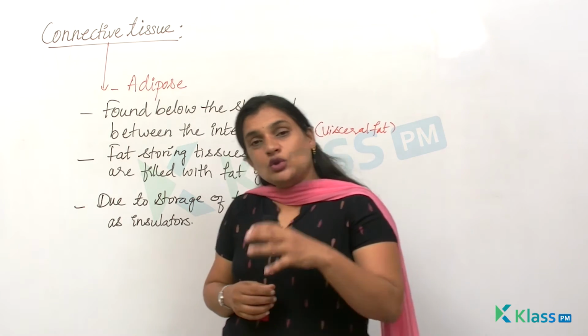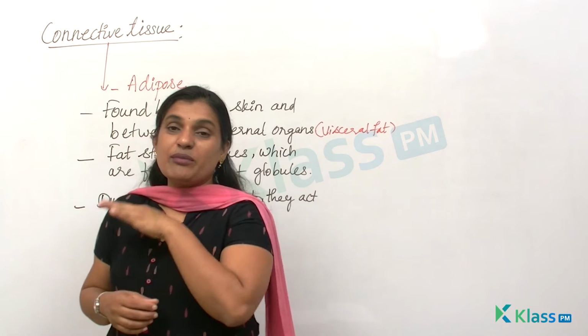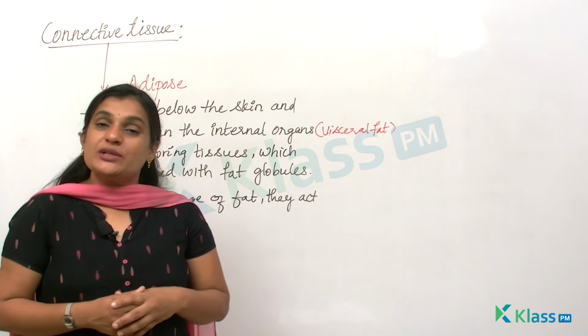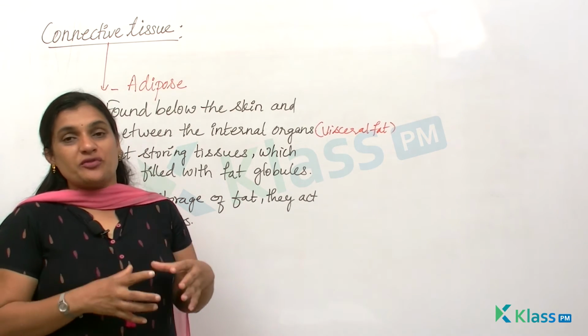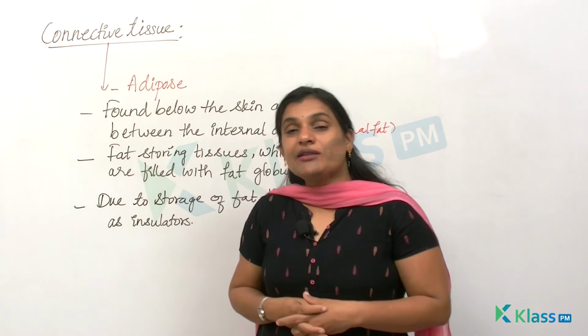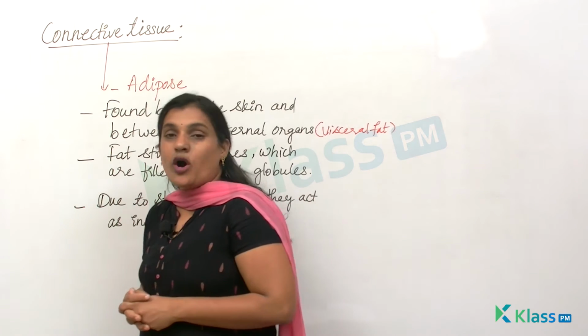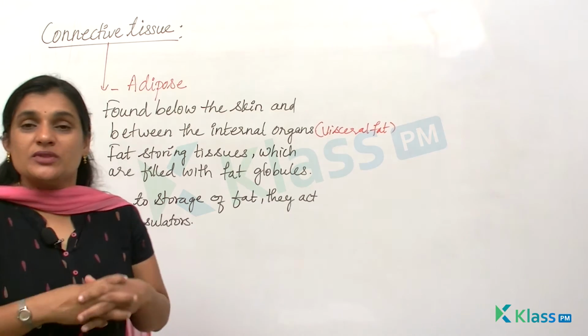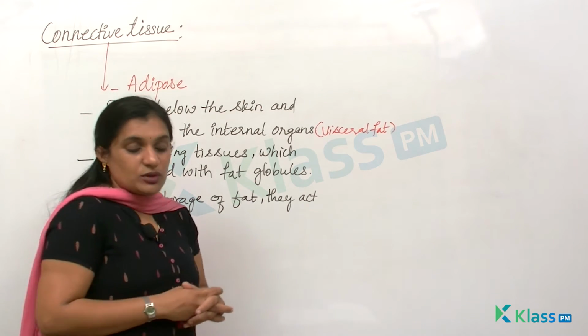That's the reason, though it is chilled there, at freezing temperatures, the animal can still sustain because of a thick fat adipose tissue under their skin, which keeps them warm all the time. So this is all about your adipose tissue.